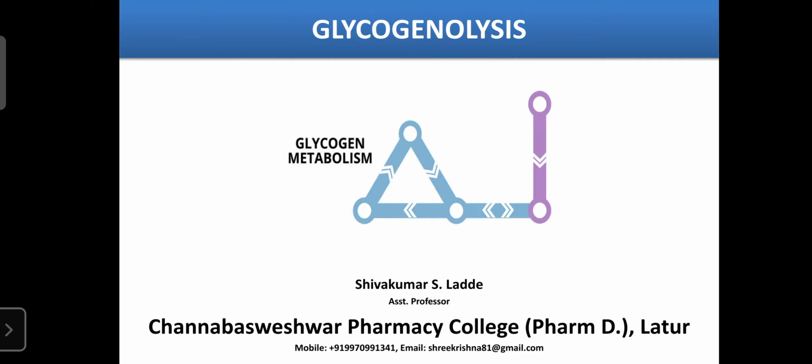But regarding limitations, glycogenolysis is a limited process, because the storage of glycogen is limited. It has a particular limit, so only that much glycogen is stored in the liver and muscle.